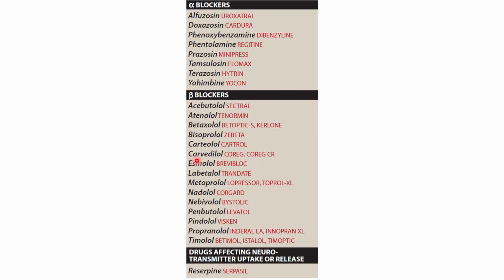Then the last group is neurotransmitter uptake and release affecting drugs. This is reserpine.